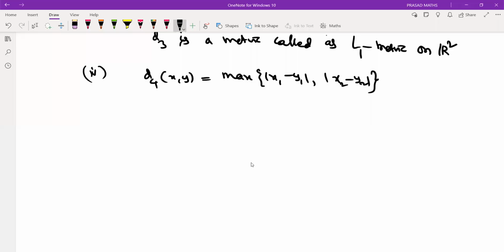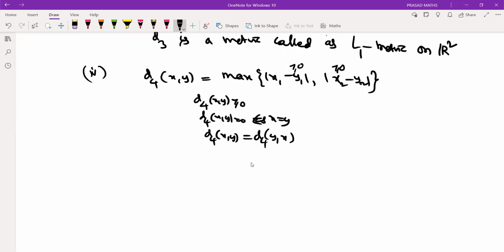Distance is non-negative because this is non-negative, this is non-negative. Therefore, distance between x comma y is non-negative and it satisfies the second property: distance between x comma y equals 0 if and only if x equals y, the same idea. And distance satisfies the symmetric property. So we need to know the triangle inequality.